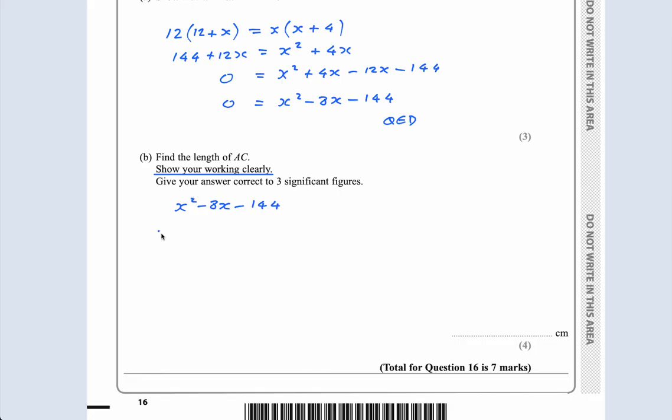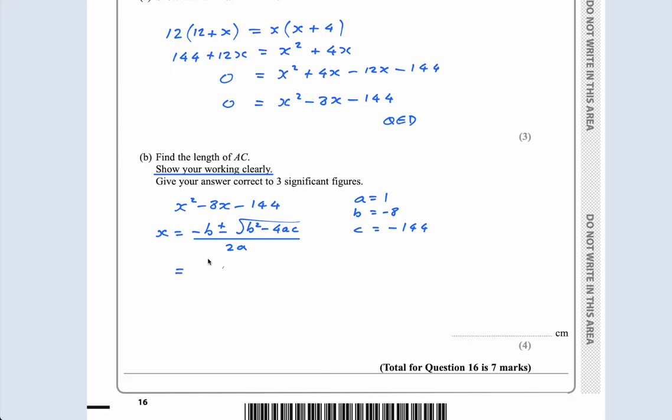Okay, the formula is x equals minus b plus or minus the square root of b squared minus 4ac, all over 2a. This is in the formula sheet. At the side, what is a? 1. What is b? Negative 8. What is c? Negative 144. Sub this into the formula. I'm going to do it quickly, guys.